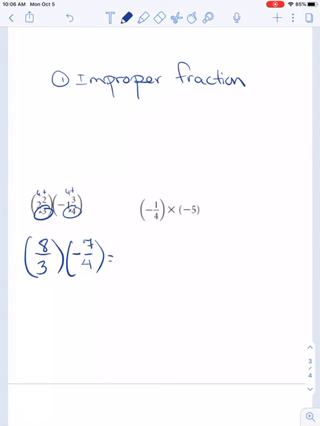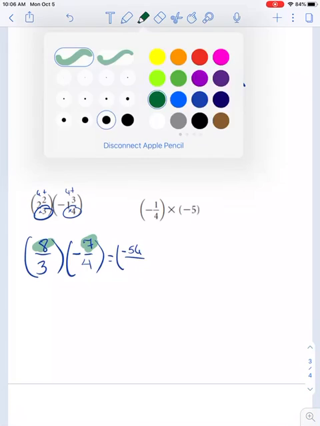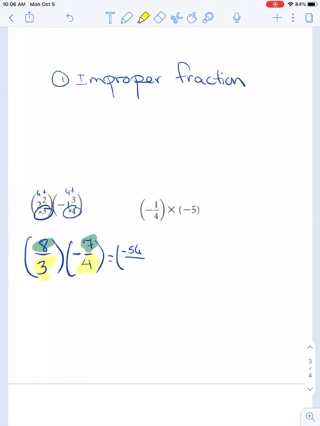And now I have a positive and a negative, so my answer will be negative. And then we just multiply the numerators. 8 times 7, 56. Then we multiply the denominators. 3 times 4 gives me 12.